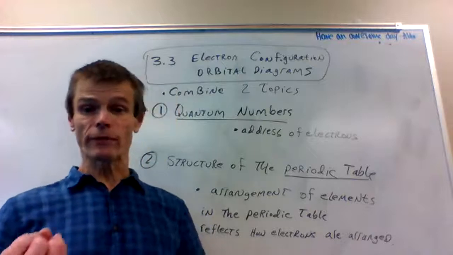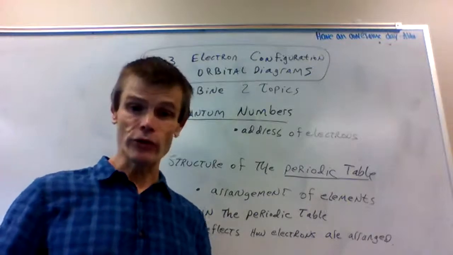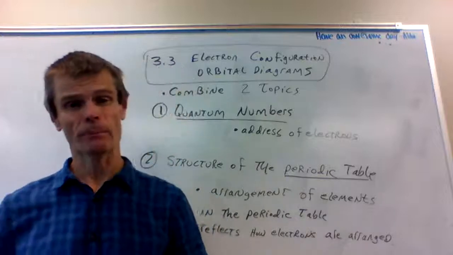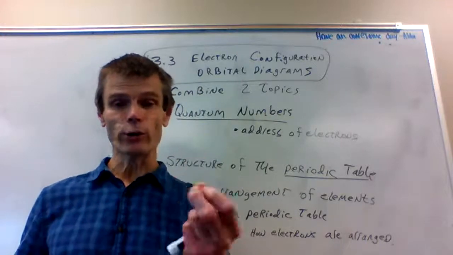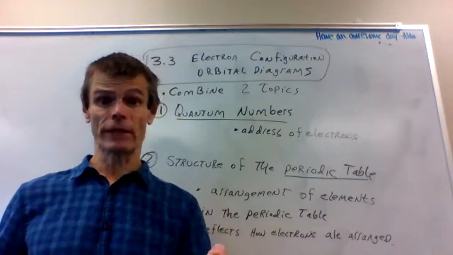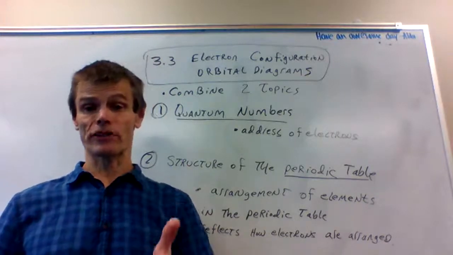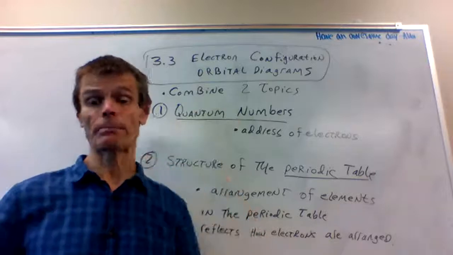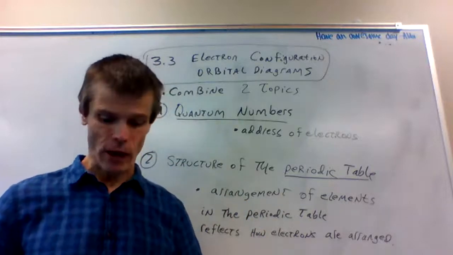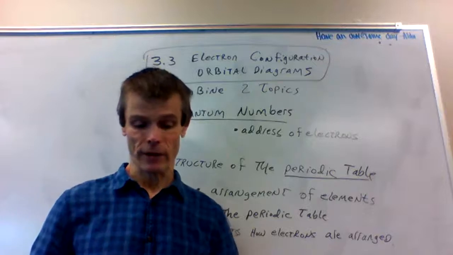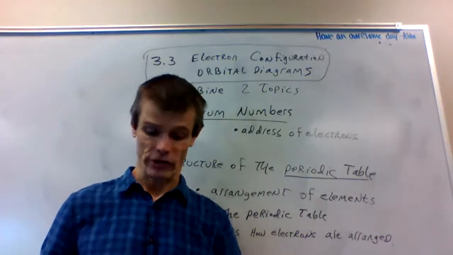Orbital diagrams give us more information. These are diagrams that are very similar to the electron configuration. However, they include information on the spin of the electron. And again, we're going to use arrows to represent the spin as being up or the spin being down. And we'll get to that topic as we begin discussing electron configurations and how we're going to write them.